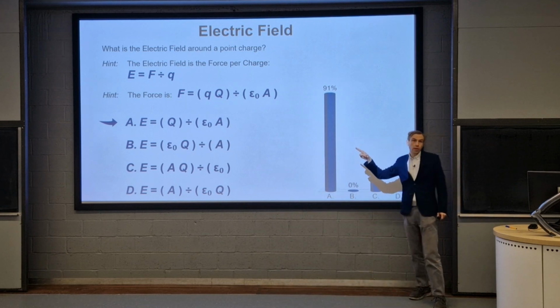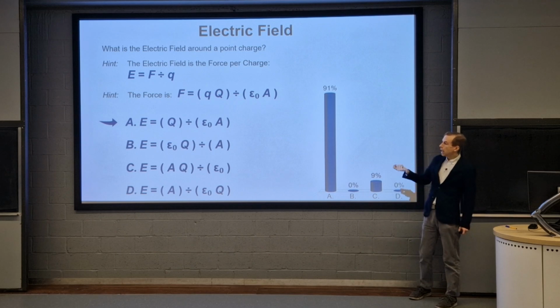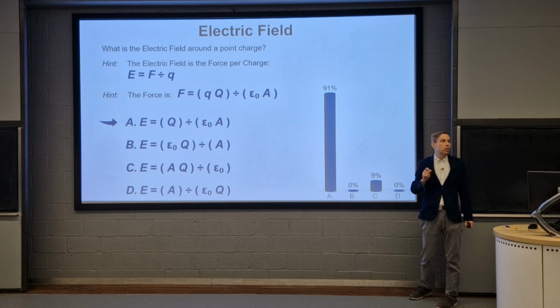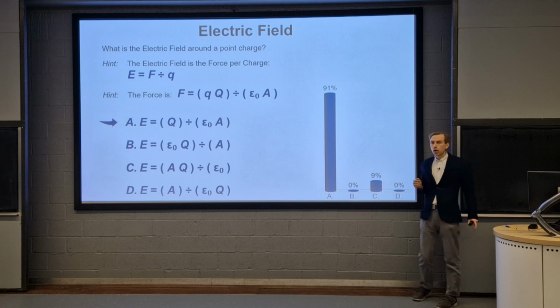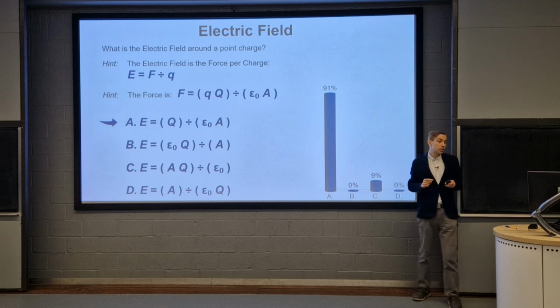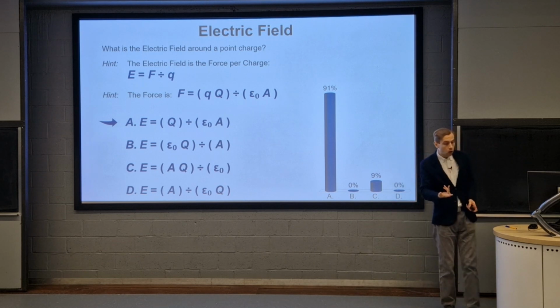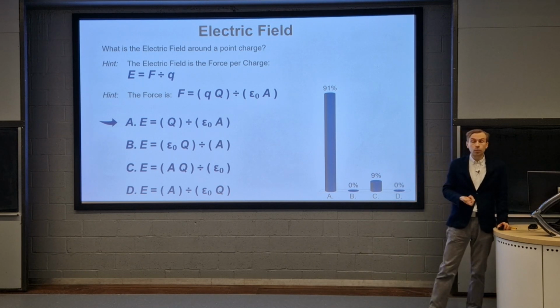What's so important about this equation is it allows us to write down what the electric field is for any distribution of charge, not just a point charge. As an example, let's see how this works for the example of a capacitor that we saw a couple of weeks ago. So previously we looked at capacitors.